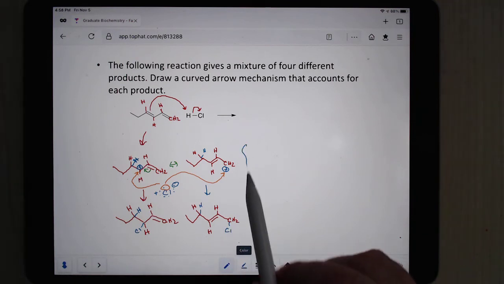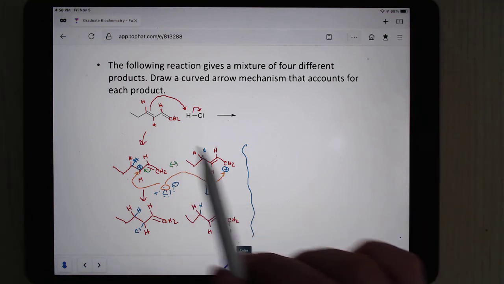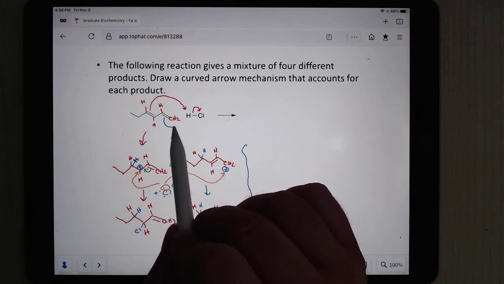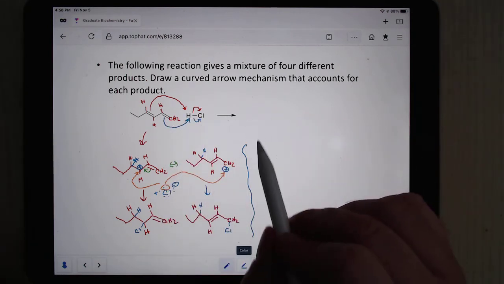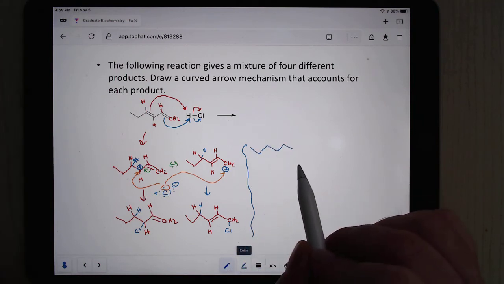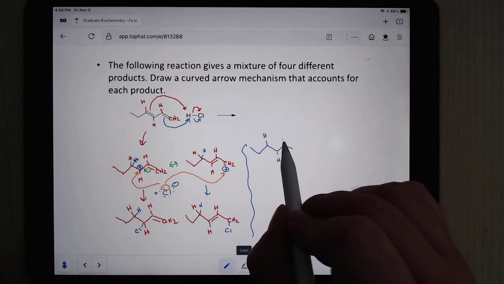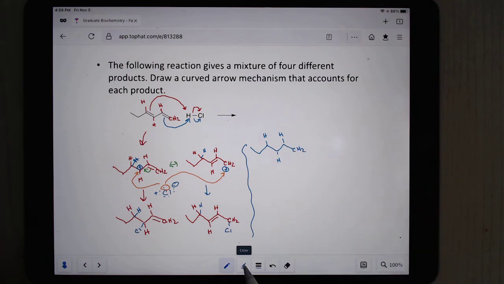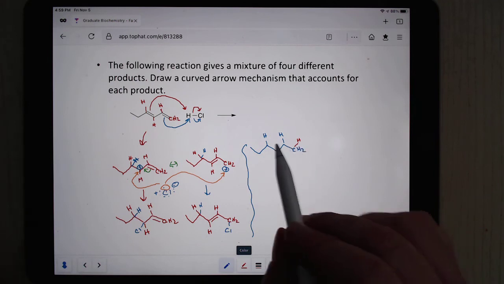Okay. Now I'm just going to do this so it's a little bit easier to distinguish, because what can happen is, so these are the first two products. You can also have this double bond instead do the same thing. Okay. When that happens, you're going to get the hydrogen adding.